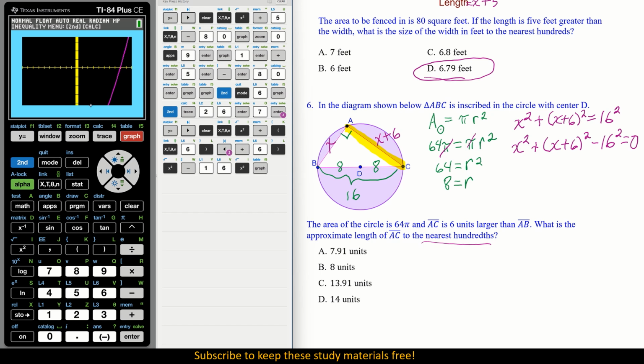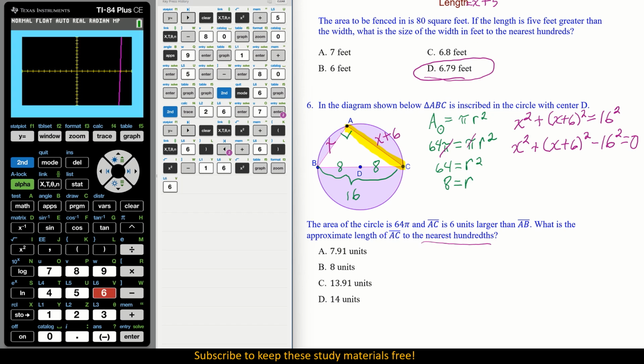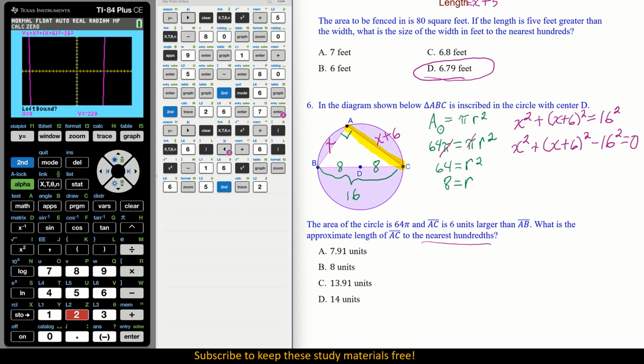Ooh, there's something viable there, right there. See that? We can play with it a little. We do not want the negative value. We prefer to have the positive value. So let's say second trace, and we want the 0. We want that value crossing the x-axis. So let's say number 2.